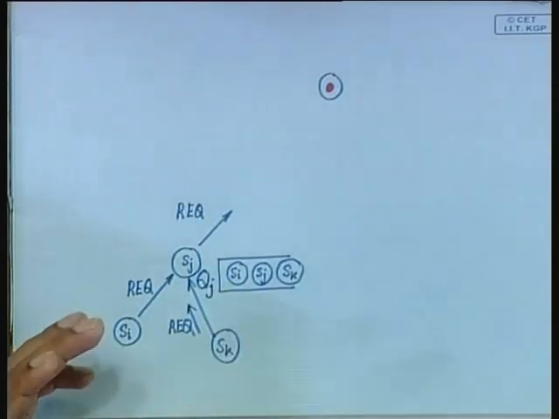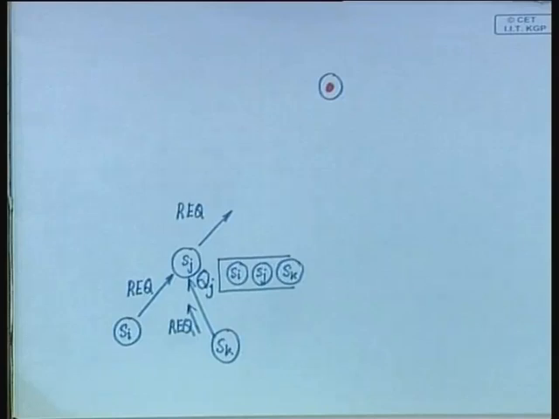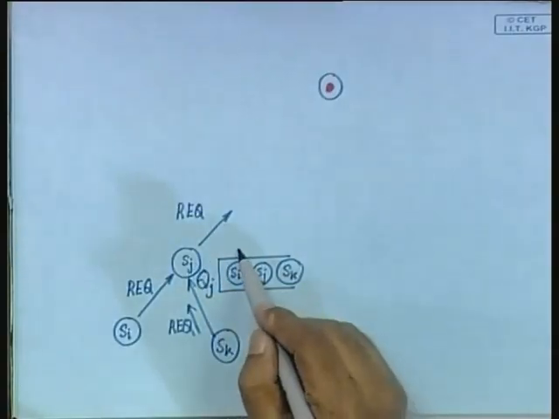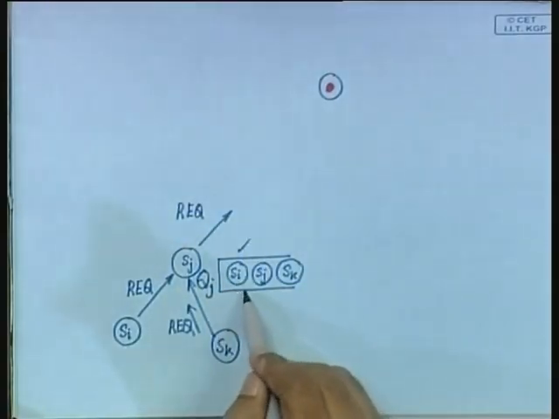Now, whether it is for serving one request or 5 requests, that is not important. It wants the token, that is all. When Sj gets the token back, it will first send it to Si, because that is in the beginning of the queue.